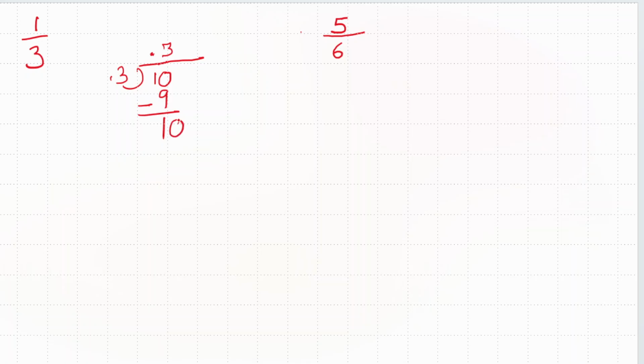Then again 0 here. Again 3 3s are 9. Now when I subtract it, the remainder is 1. Again 0 here. Again 3 3s are 9. Now I subtracted. What is my remainder? 1. Again 0. Again 3 3s are 9. And when I subtract it, the remainder is 1. That means your remainder is always 1.